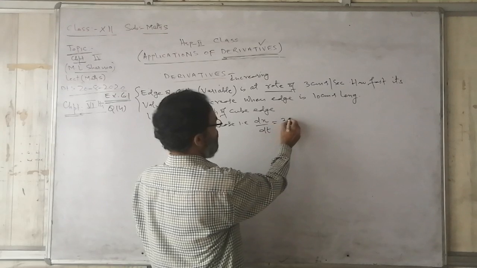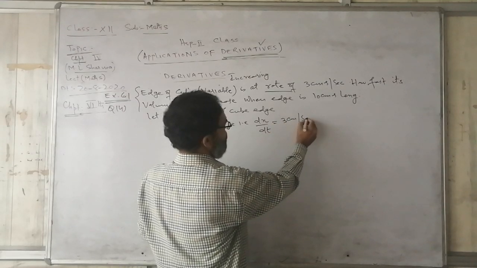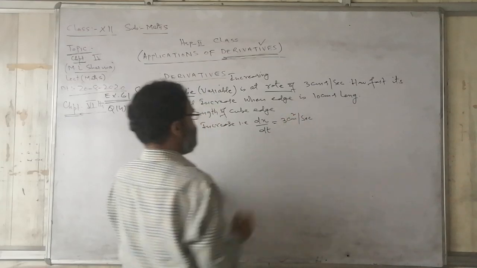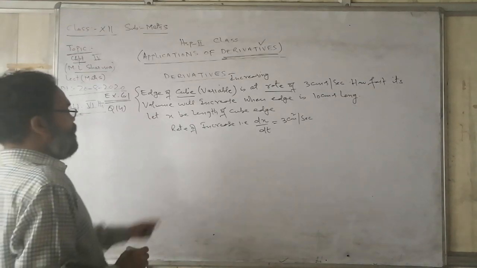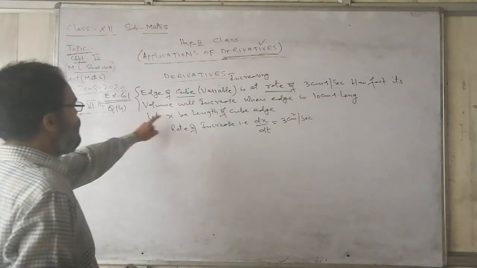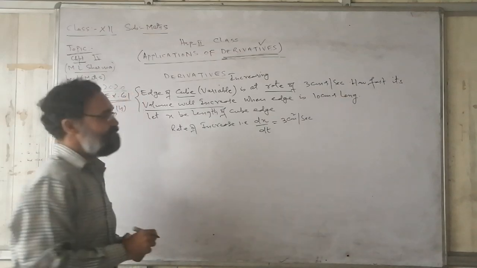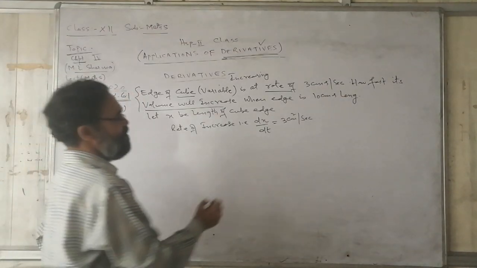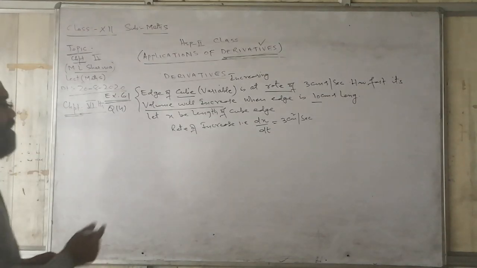It is given as 3 centimeter per second. And we have to find the increase in its volume when the length of the edge is 10 centimeter.